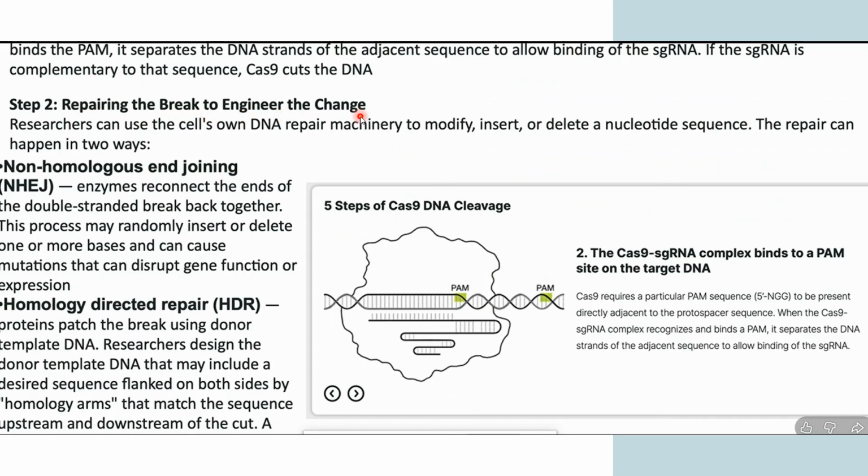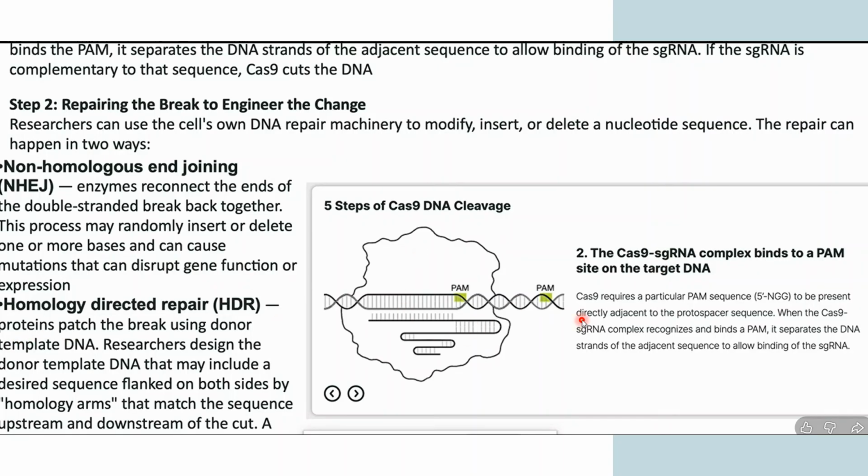Researchers can use the cell's own DNA repair machinery to modify, insert, or delete nucleotide sequences. The repair can happen in two ways. The first way is non-homologous end joining, known as NHEJ. Enzymes reconnect the ends of the double-stranded break back together, and this process may randomly insert or delete bases and can cause mutations that can disrupt gene function or expression.